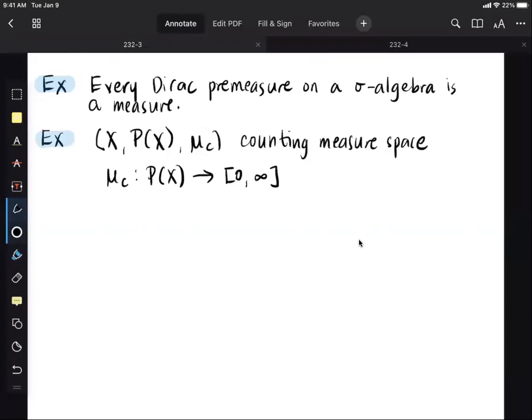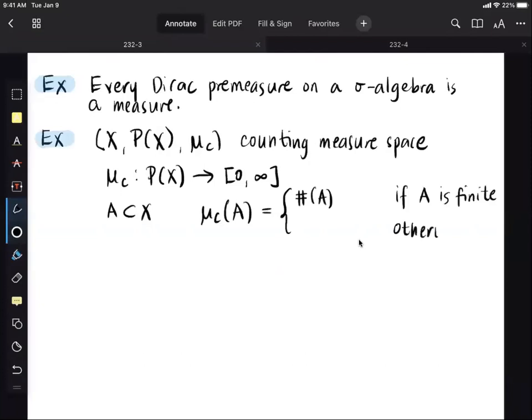Given a subset A of X, the counting measure, from the word itself, is the number of elements of the set if A is finite. Otherwise, meaning if A is infinite, then we set the value to be infinity.